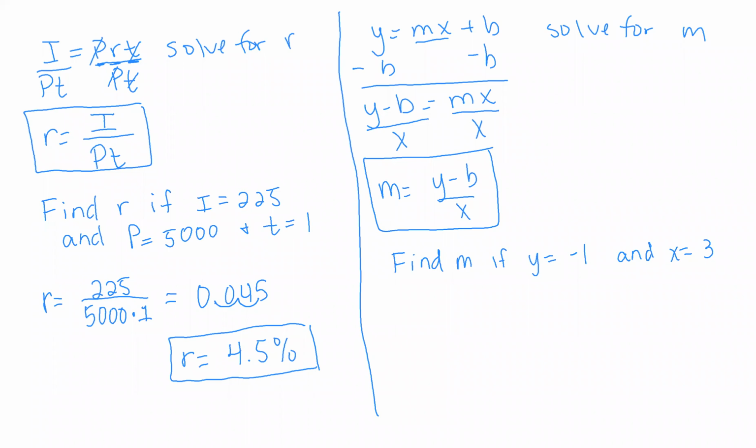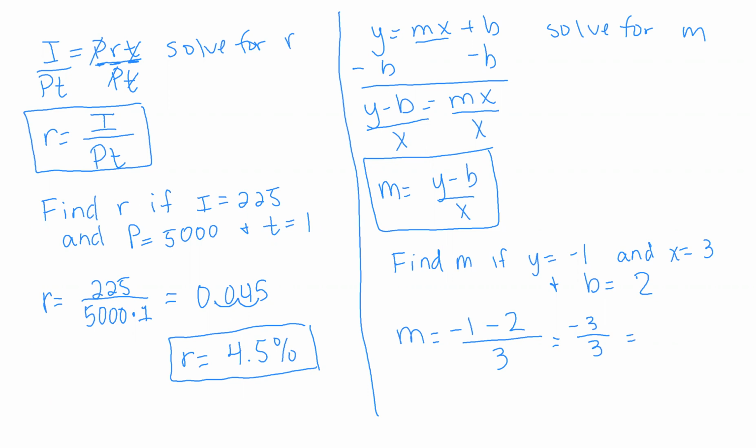Let's say b, I forgot b, and b is 2. All right, so we get m equals y, which is -1, minus b, which is 2, all over x, which is 3. So -1 minus 2 in the numerator is -3. Denominator is still 3.